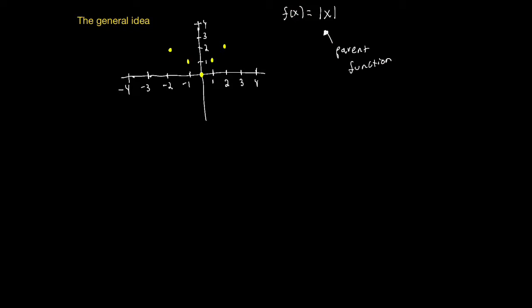Your parent function is the absolute value of x, and this portrays this classic V-shaped pattern. As long as you know that this V-shaped pattern is centered here at the origin, then if you add or subtract things, you can just move this picture to the left, to the right, or vertically up and down. So let me show you what I mean.